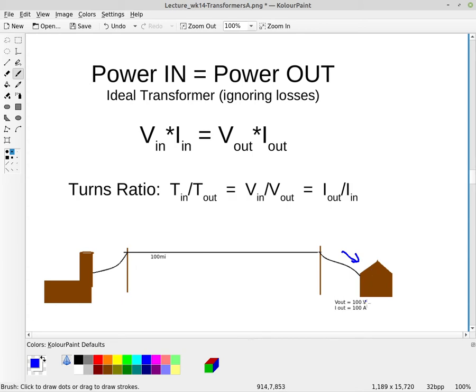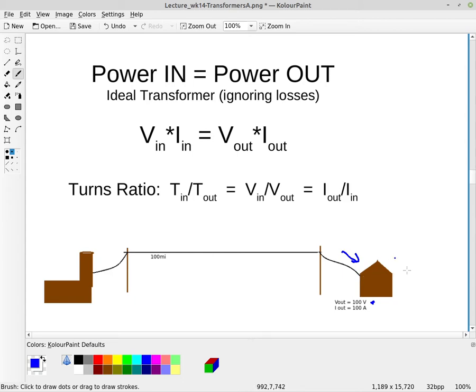Now, to make the math easy, let's just say that we had 100 volts. Normally it's actually 120 or even 240, but let's make it nice and easy. So 100 amps flowing through my box at 100 volts.